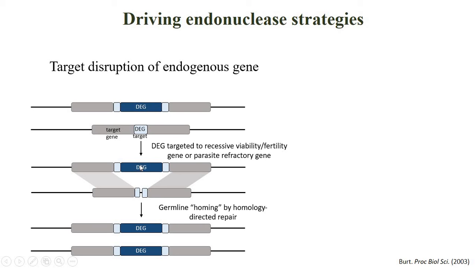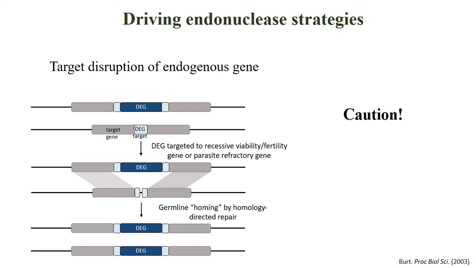If you modify this gene, that will impact the organism in a negative way: decrease the viability, decrease the fertility, or increase the refractoriness to pathogen. Because this will copy in each of the chromosomes because of the gene drive, now all of the organisms in the population have this gene.